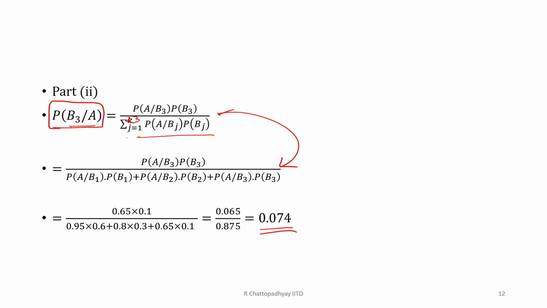So given that it is a fabric which is as per specification, probability that it is coming from factory B3 is 0.074. That is how we can solve such problems. And this kind of issues may come up also in the industries at times.